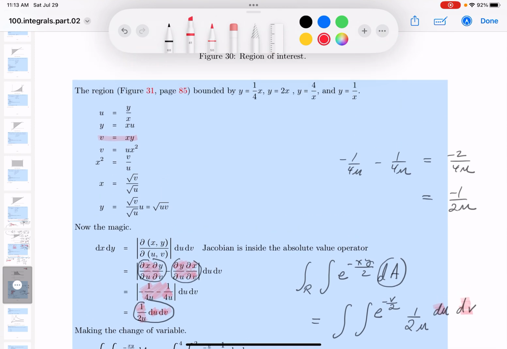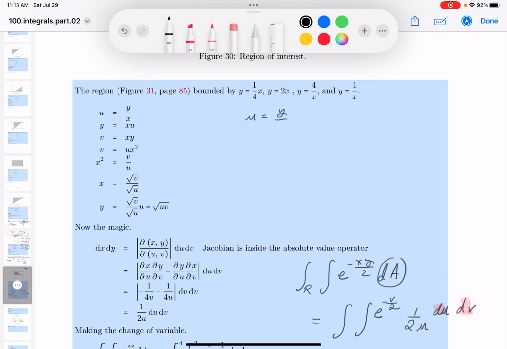So what am I gonna do over here? I gotta remember, let me get my eraser out. I'll start to erase things I don't need anymore. I need the limits of integration. And I gotta go through it carefully, all right? So let's do the u's first. And remember I said u was equal to y over x. All right, and let's just take a look at that. So where did I get that from? Right over here.